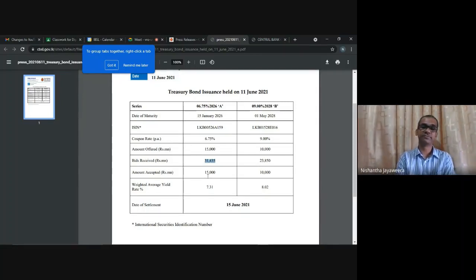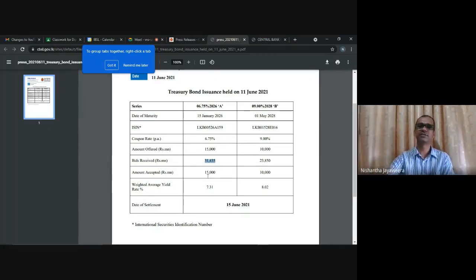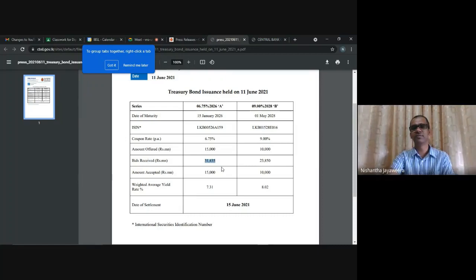If you have excess funds and no other place to invest, and everybody will try to quote at the maximum rate, then there's competition. So you put a bid slightly less than that, and then you will get the bond.